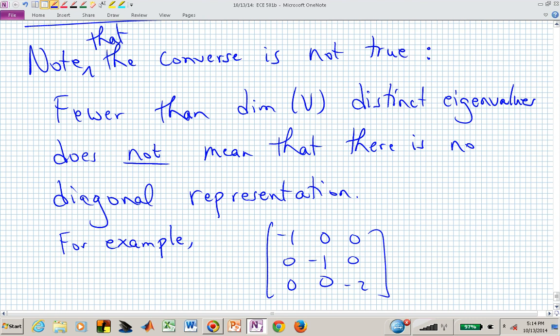So the fact that you do not have 3 distinct eigenvalues doesn't mean that you can't diagonalize a 3 by 3 matrix. You might be able to if you have linearly independent eigenvectors associated with those repeated eigenvalues. You can diagonalize that matrix.